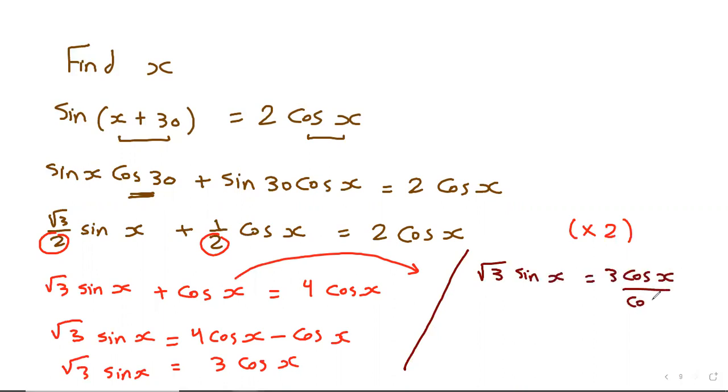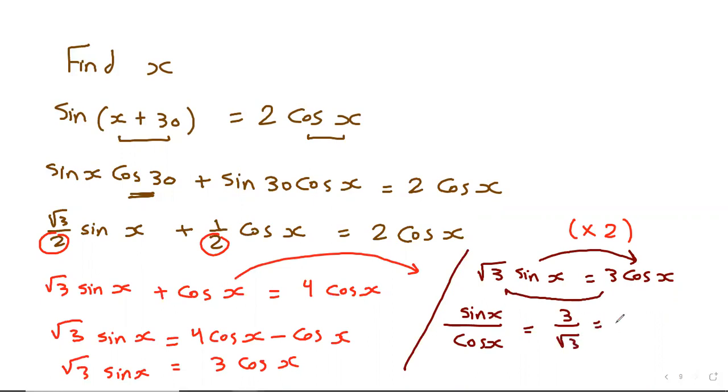We can divide by cosine x on both sides, so cosine x and cosine x cancel, or we can find sine over cosine directly without dividing. We can say that sine x over cosine x is 3 over root 3. 3 over root 3 equals what? Equals root 3.